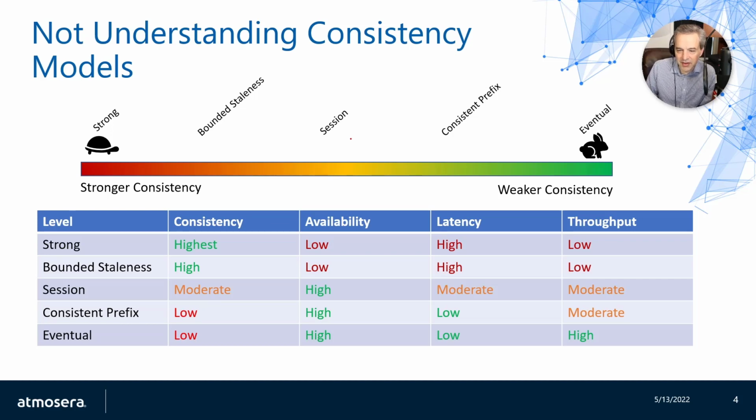But when I get into the weeds on some of these databases and start talking to folks, they say, yeah, I'm doing this one or I'm doing that one. I'm like, okay, why are you doing it? And they make a decision without really understanding the implications of what that's going to imply for their data. So the basic two that are the extremes are eventual consistency and strong consistency.